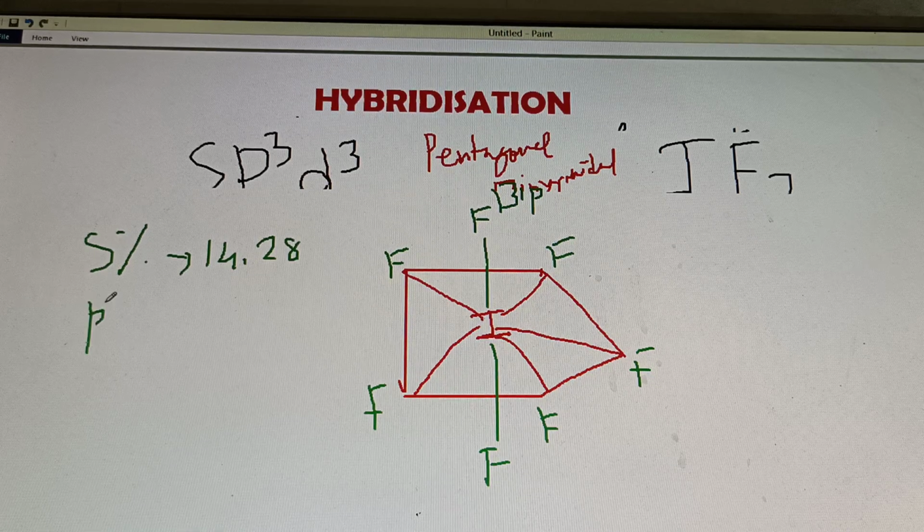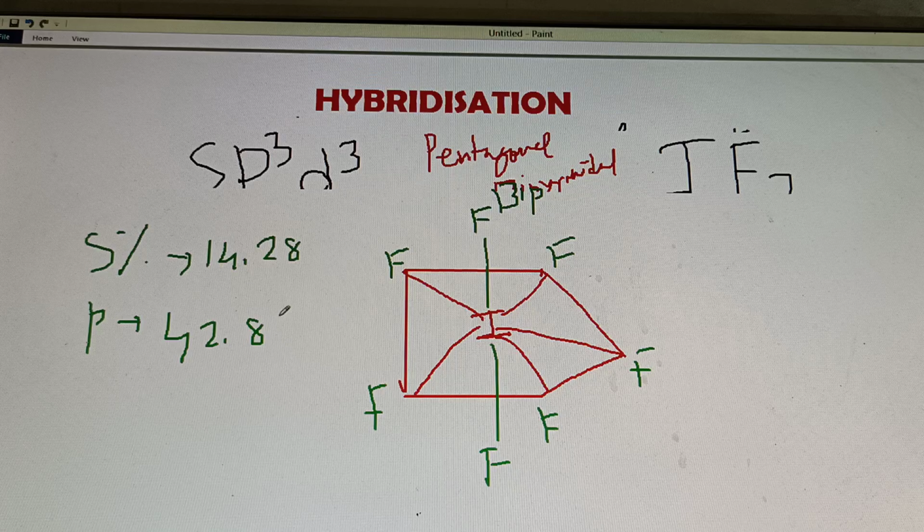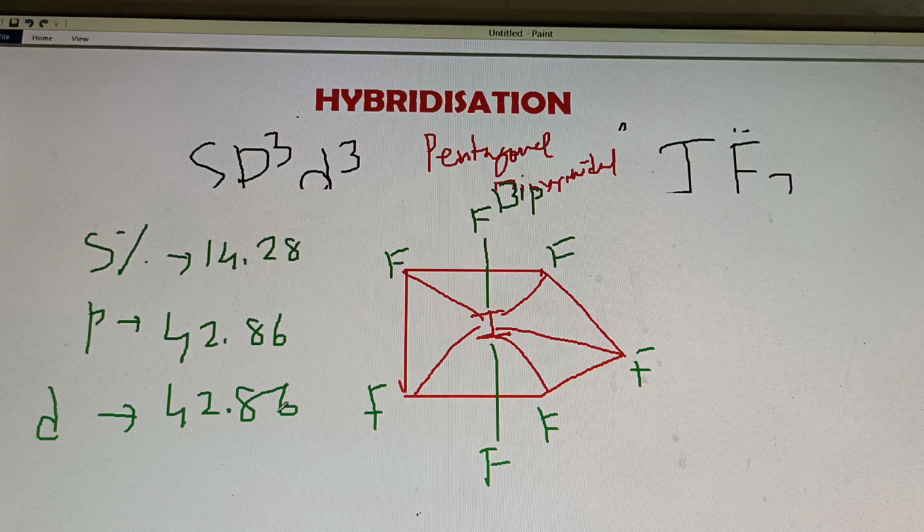What is the percentage of p character? 42.86, and the percentage of d character is also 42.86. Clear?